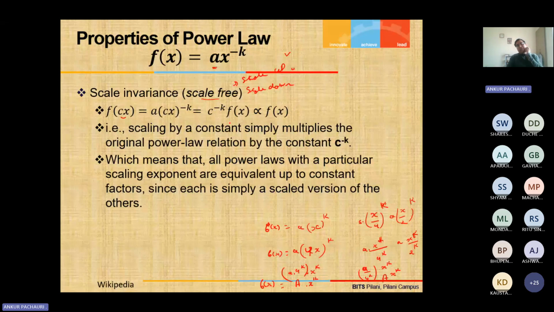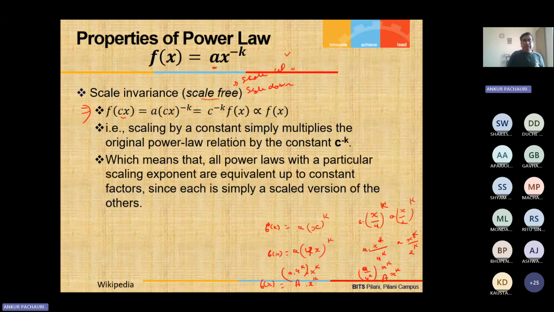So either a scale up or a scale down doesn't have any impact. The value of the constant may differ, but ultimately the rule or the law will have the same proportion. The same law will remain. So this power law is scale invariant. If you increase the size or decrease the size, it doesn't have any impact on the law. The law will still be there.